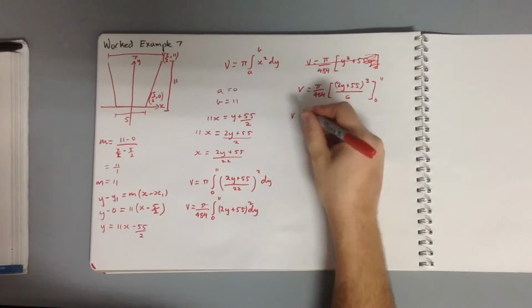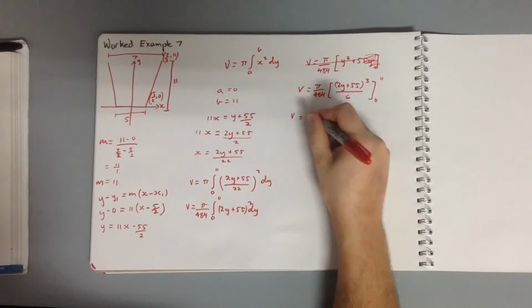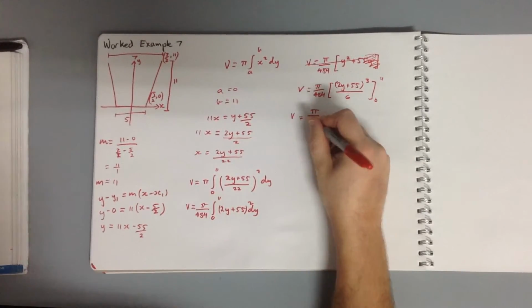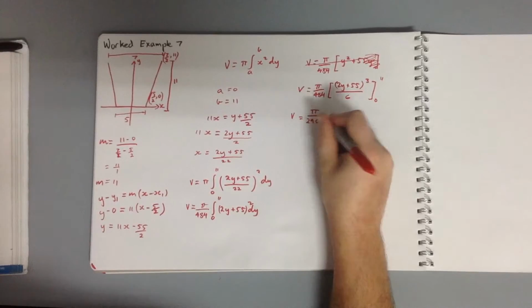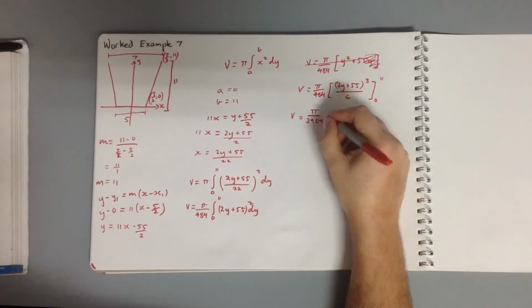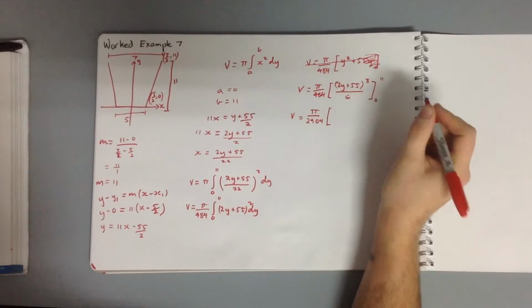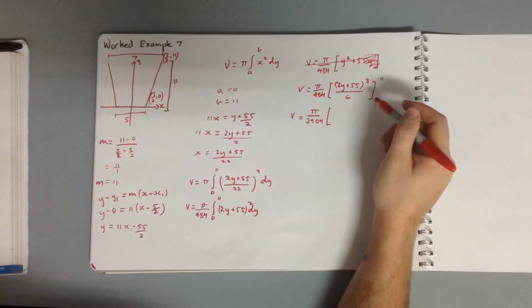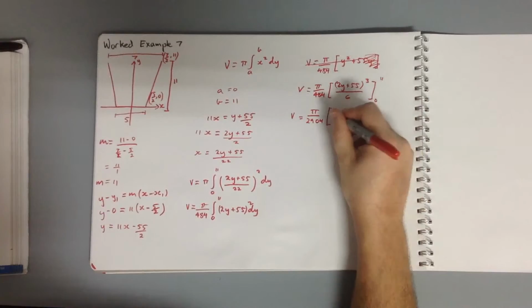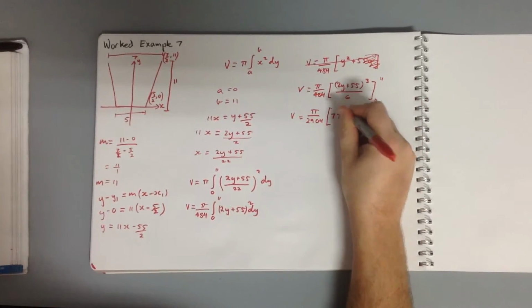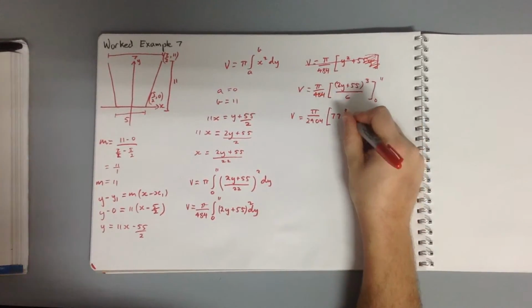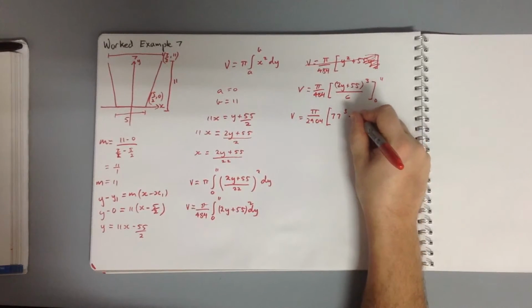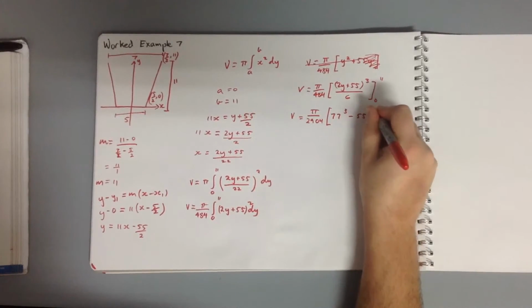Well, we can bring the 6 out and make it pi on 2904, times, when we put in our 11, we get 77 cubed. When we put in our 0, we get 55 cubed.